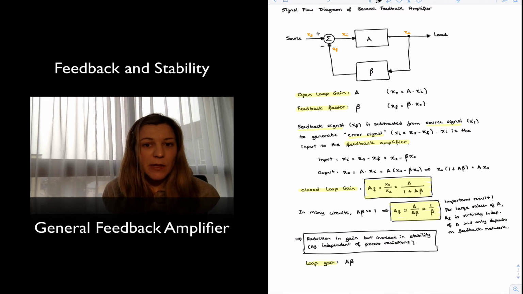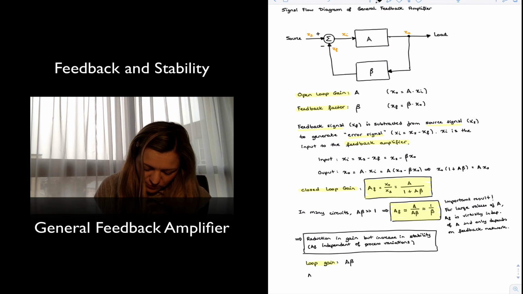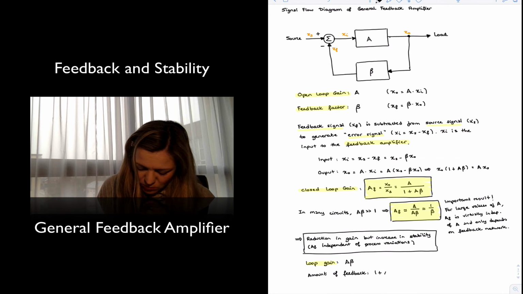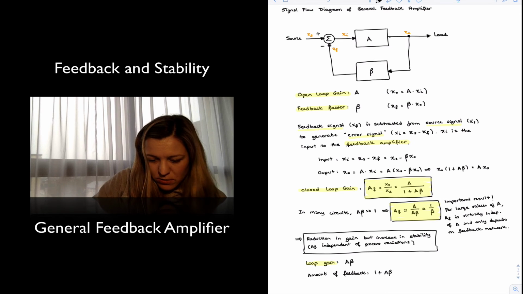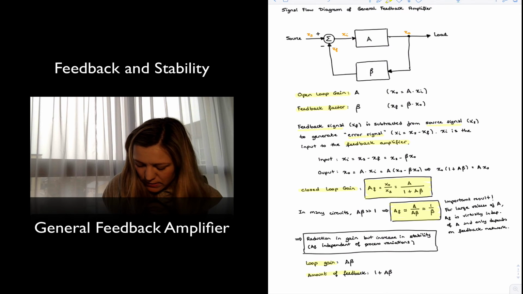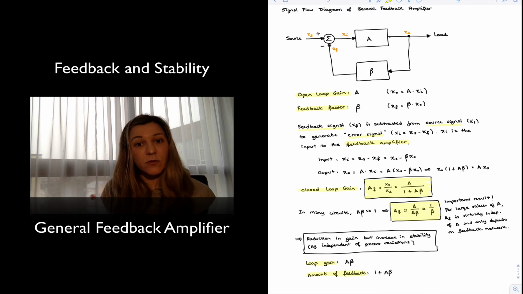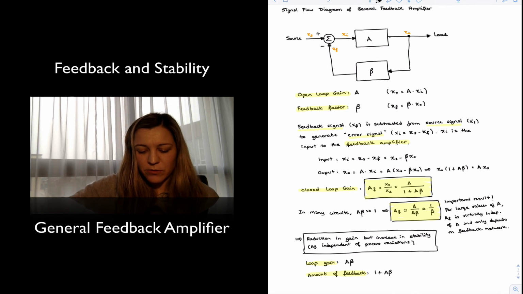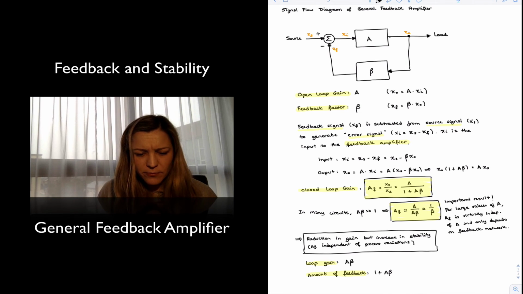And so it's just termed the amount of feedback of a circuit. So amount of feedback, 1 plus A beta. And so hopefully this gives us enough vocabulary so that we are speaking the same language as we talk about feedback systems.